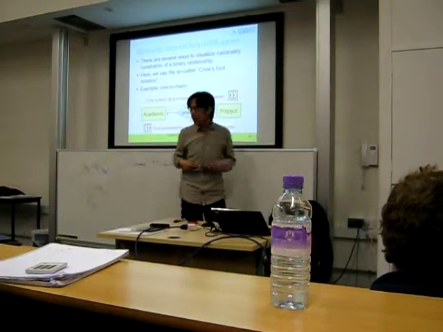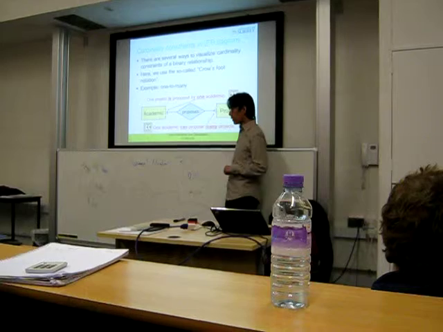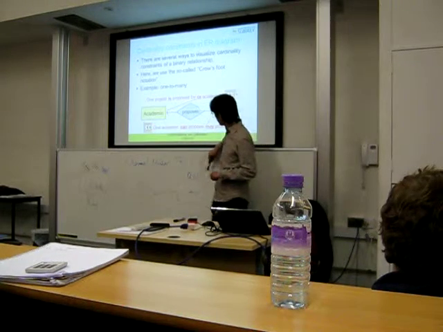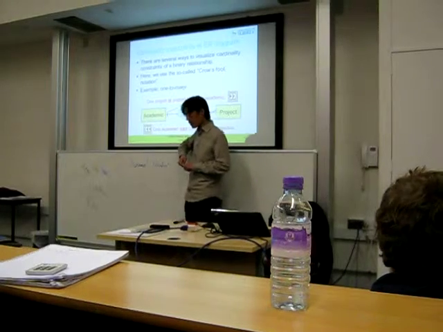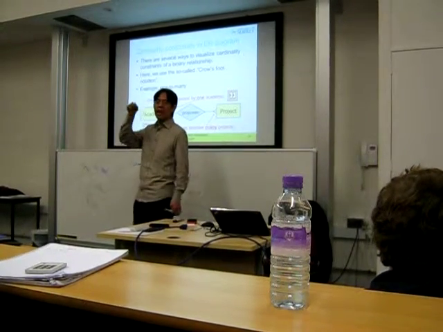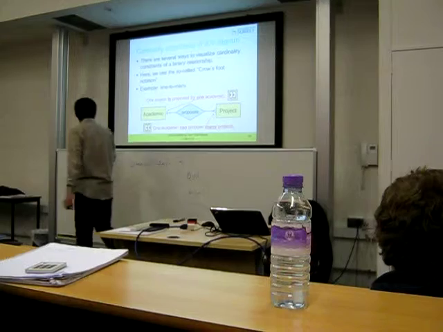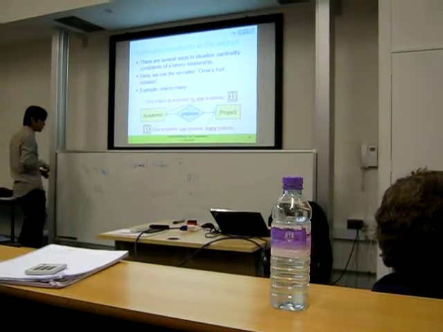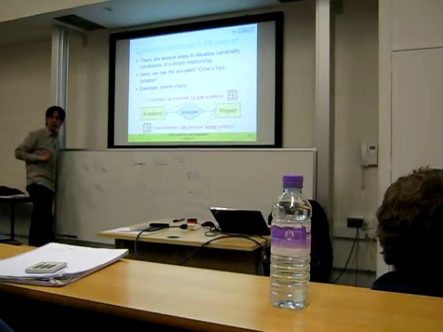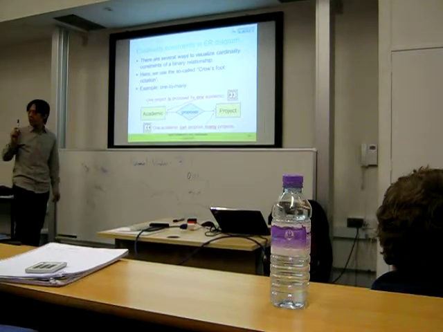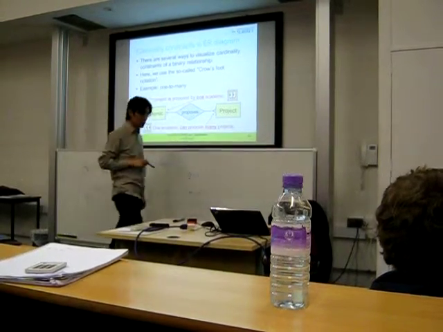Similarly, the other way around, project. One project is proposed by one academic, and one means only one, so it is a fact. So you put one, this bar, which means one, to the other side.